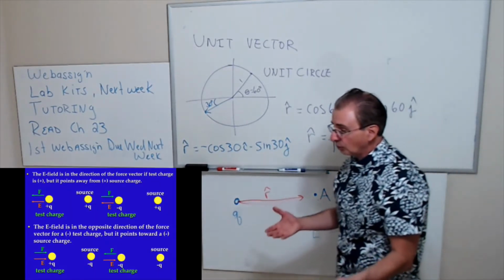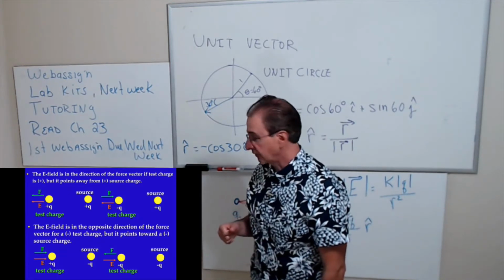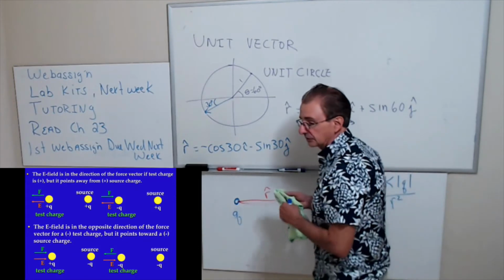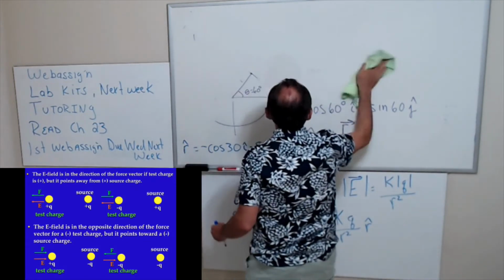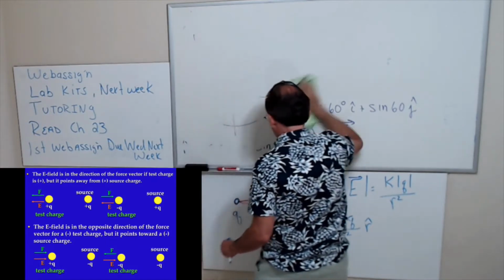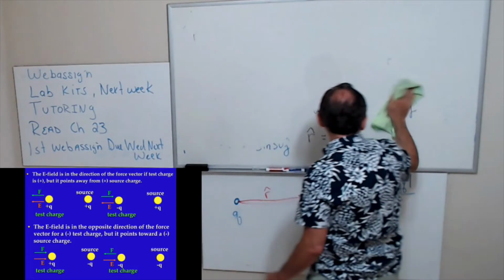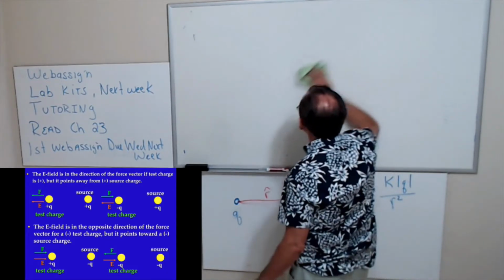So I do want to give you some physical intuition regarding the electric field. If we have a positive charge, which way does the electric field point? Can we come up with some sort of generalization?